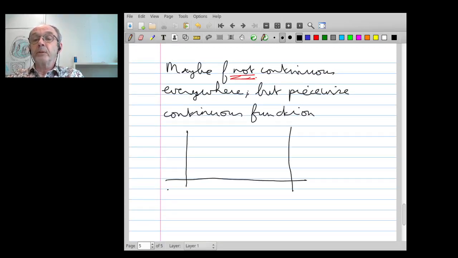So you have here your interval a, b, the x-axis, the y-axis, and your function is piecewise continuous, so that means there are points where you don't know what the value will be.